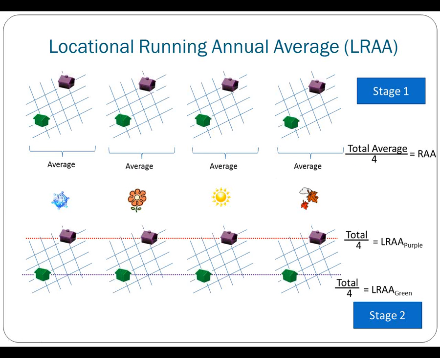But now under stage 2, the results at, say, the purple house would be averaged, and that result would be compared with the MCL. Similarly with the greenhouse.